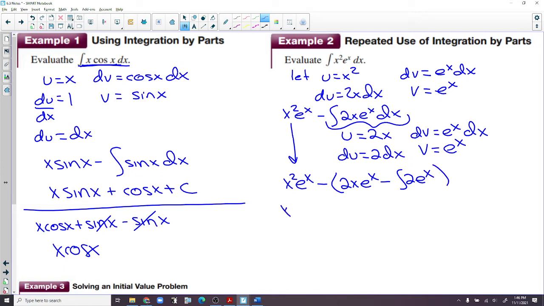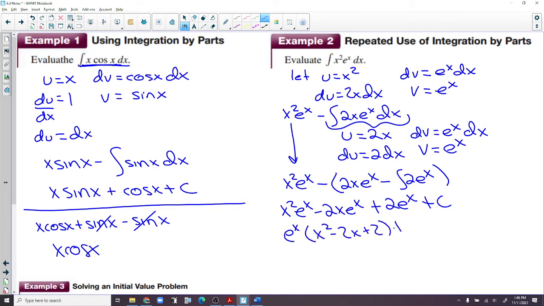So the final answer is x squared e to the x minus 2x e to the x, and then it ends up being plus 2e to the x plus c. So we had to do that twice. Now, if this was multiple choice or even in the back of the book, it'll factor out an e to the x. You have x squared minus 2x plus 2 plus c, and you can see how it goes x squared, 2x, and 2. It keeps taking the derivative, right?